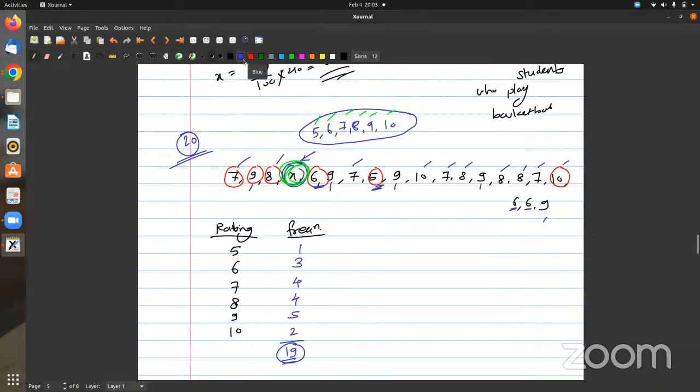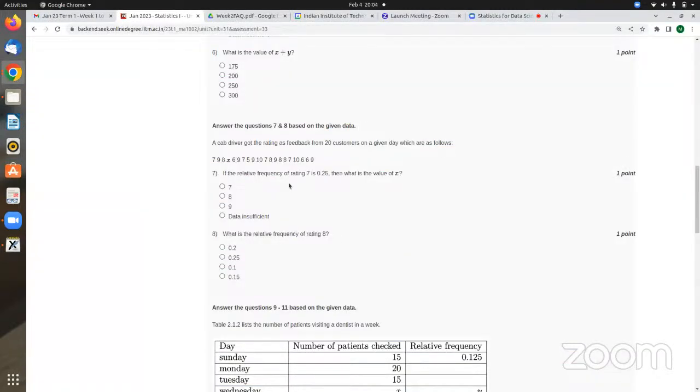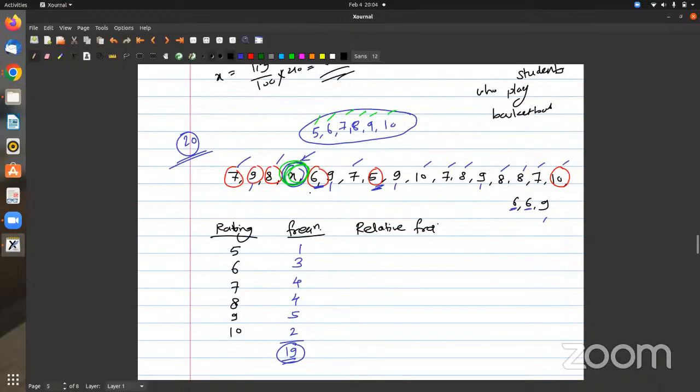So how will I find the value of x? I need some information, and I can use the relative frequency, which is given here. If the relative frequency of rating 7 is 0.25, what is the value of x? Currently, 7 occurs 4 times.